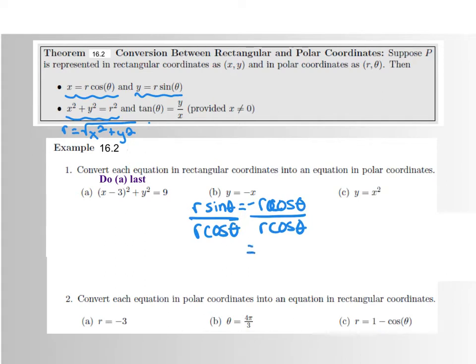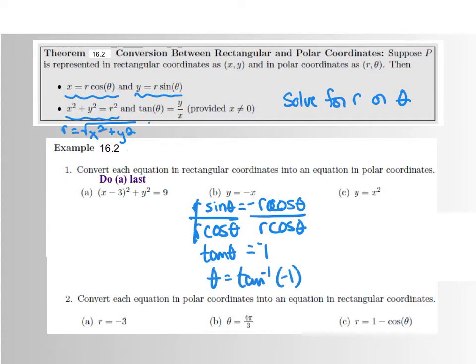Why did I do that? Well, I'm going to get a 1 on the left side, -1 on the right side. And then I've got sine over cosine. Those r's are going to cancel, and I'm left with tangent theta equals -1. Okay, and we're always going to solve for r or theta. So if I solve for theta, I get inverse tan of -1. Okay, how is this the same equation as y equals -x? Well, if I were to graph y equals -x, it's a line.